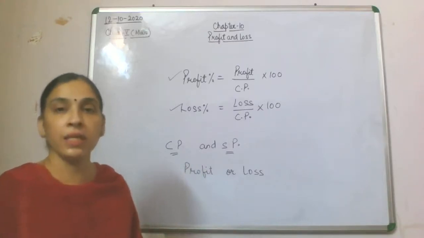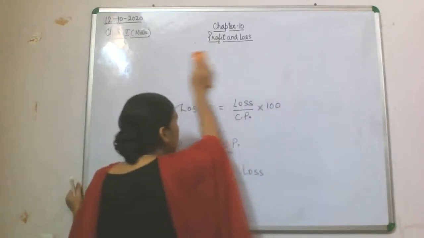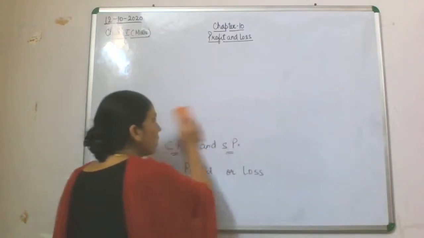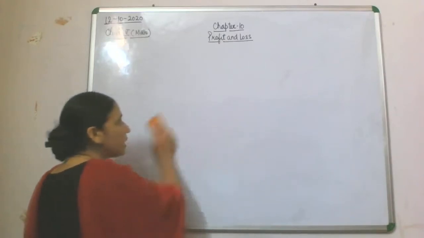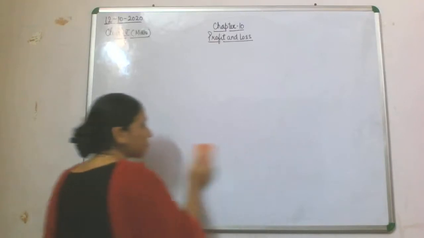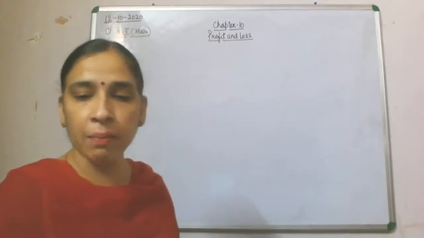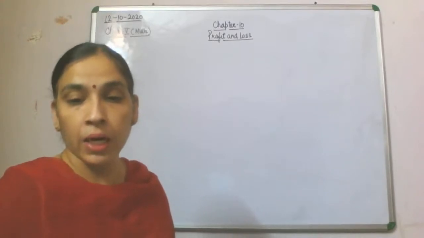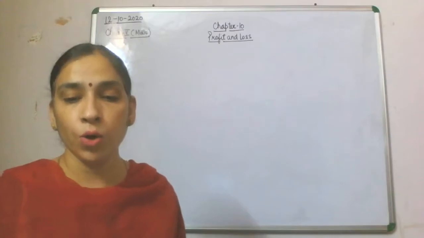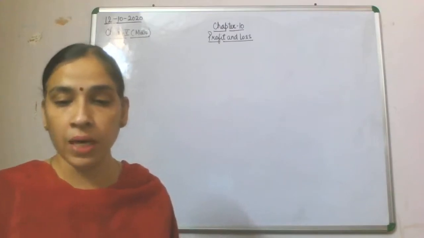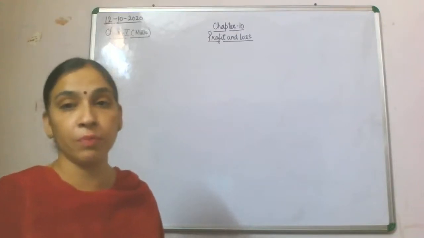So let's see some examples so that you understand what I was telling you and what the different methods are. So let's start with that. Now the first example, I am taking from your book. Example 1: a toy is purchased for rupees 450 and sold for rupees 500. Find the profit percent.